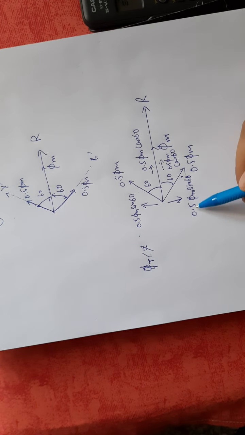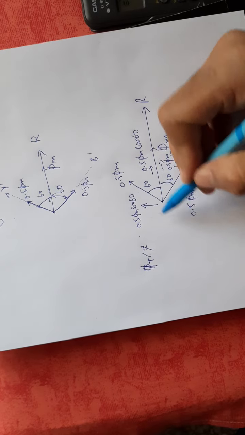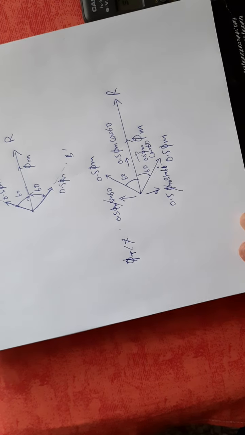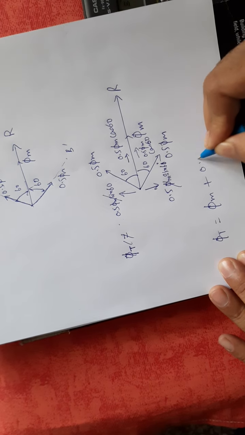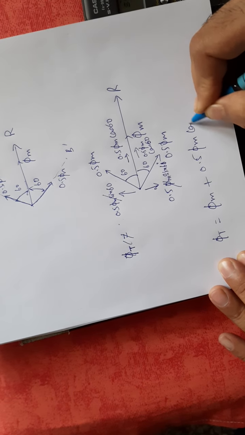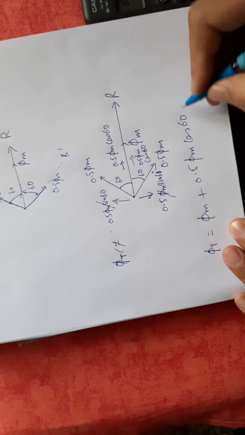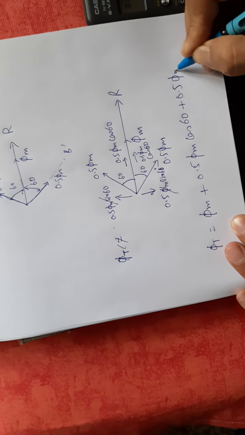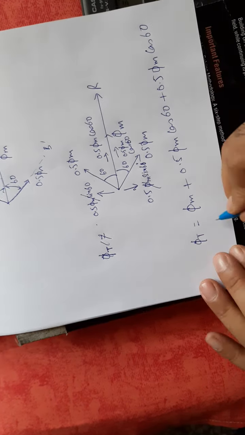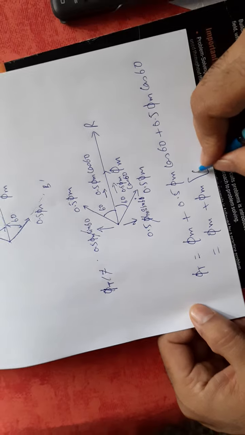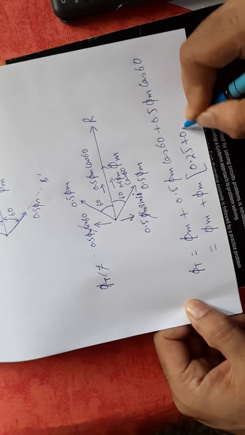Okay, so this sin 60 and this sin 60, they are in opposite direction, they will cancel each other. So phi total will be equal to nothing but phi m plus 0.5 phi m cos 60 plus 0.5 phi m cos 60. So I will take phi m common. 0.5 into cos 60 will be 0.25 plus 0.25.